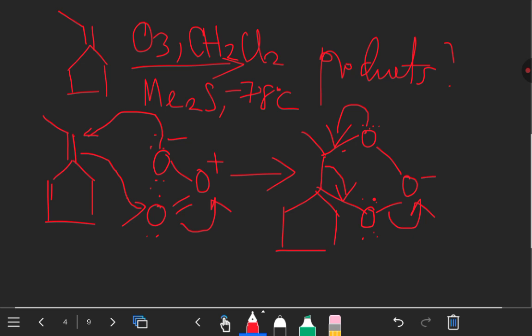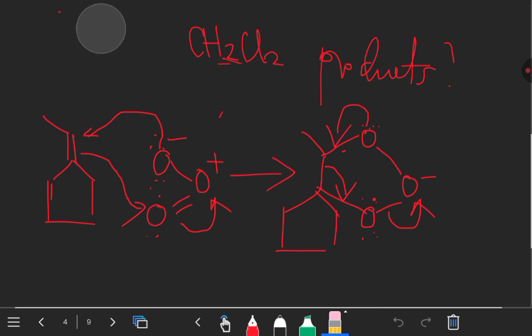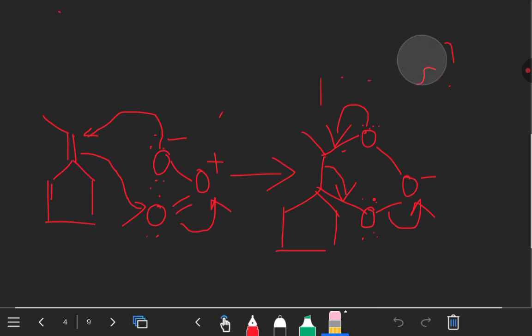Then when this happens, we are going to form this, so I can get rid of what is on the top. So we are going to form this. So this bond had to break, and the bond there is broken, so we're going to form this structure.